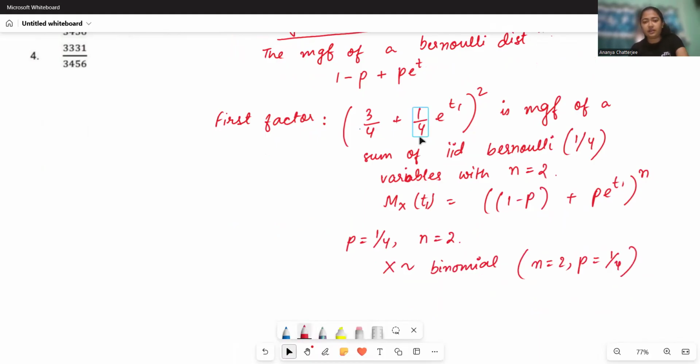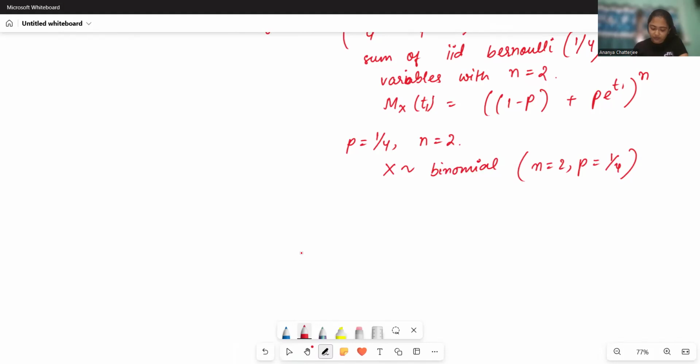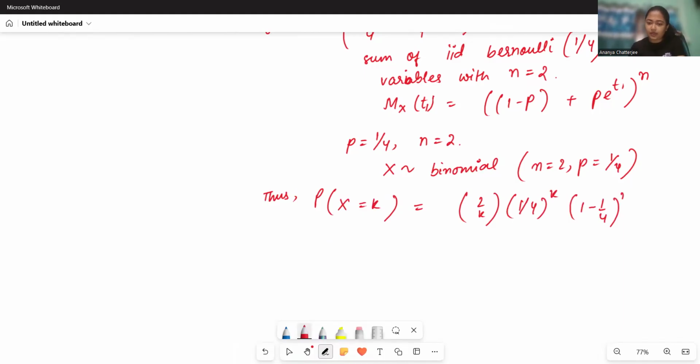Okay, clear until this? Now from here the probability of X equal to k is given as 2 choose k times (1/4) to the power k times (1 minus 1/4) to the power n minus k.